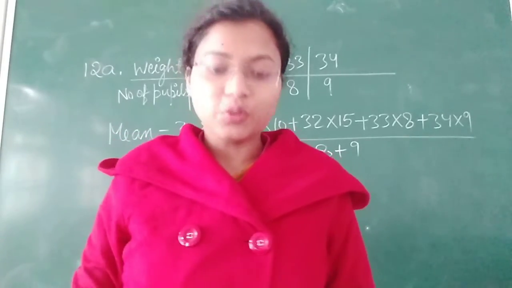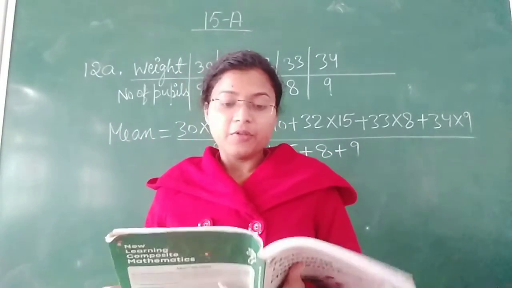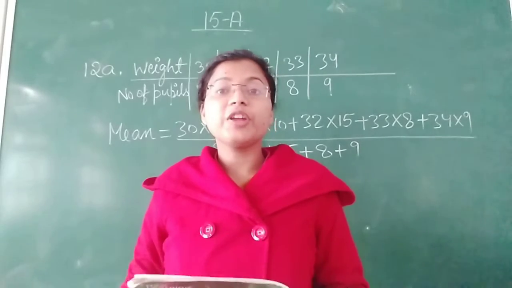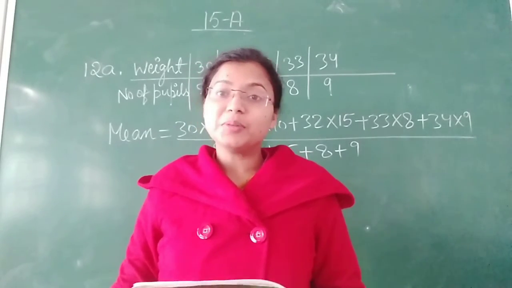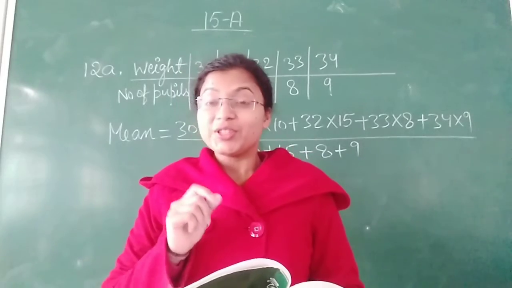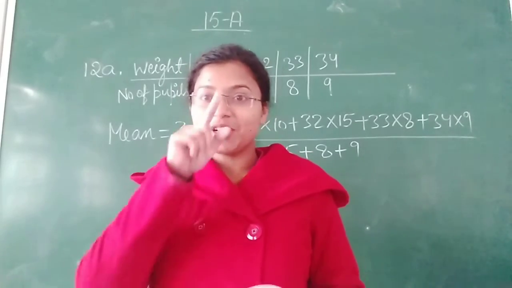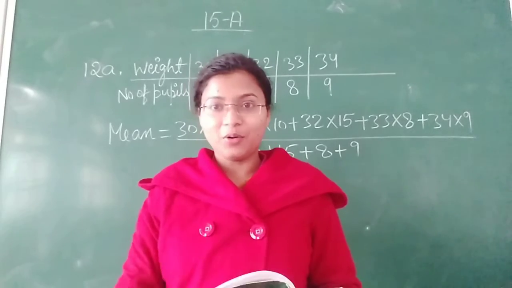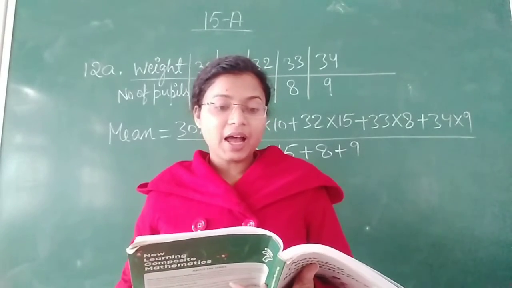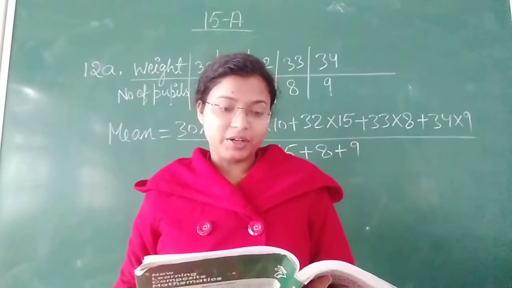In our next question, question number 12, find the mean of the following frequency distribution. In this question also you have to find the mean, but what is the difference? Here a frequency distribution table is given. Weight and number of pupils are given.